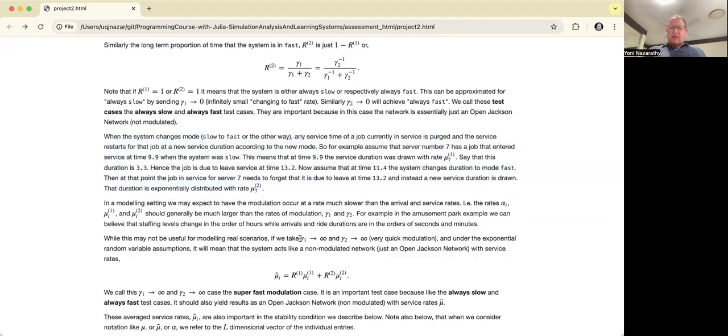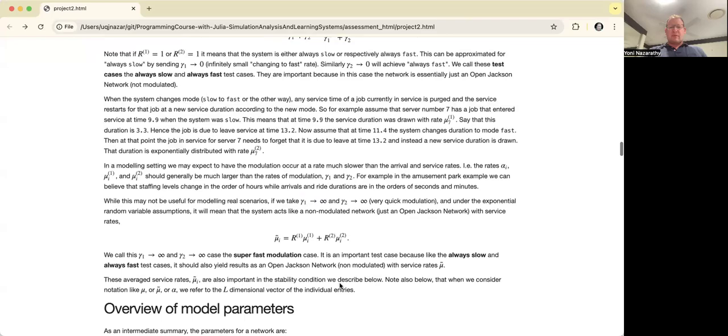But there is a case, if you let gamma 1 go to infinity and gamma 2 go to infinity, maybe in some way that there's a proportion between the two, or you just equate them and let them go to infinity, then the system will actually just act like an open Jackson network, because it's going to modulate very quickly between slow, fast, slow, fast, and so on. And the actual service rate of job i is just going to be this convex combination, or weighted combination, of the two rates. Okay.